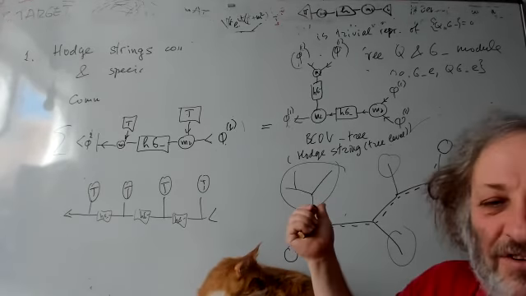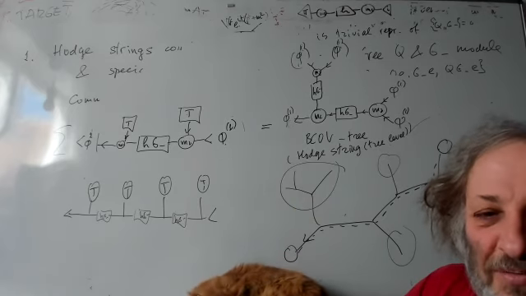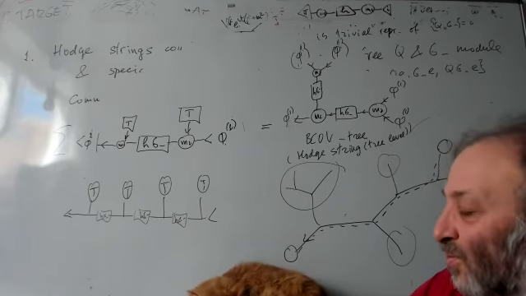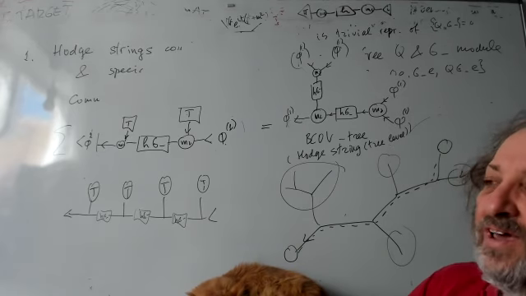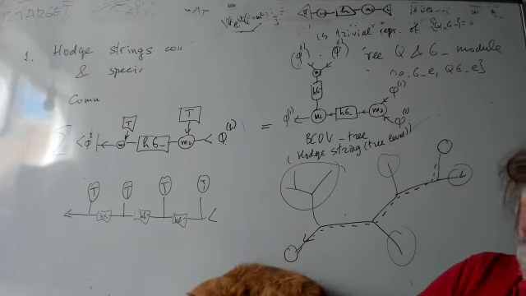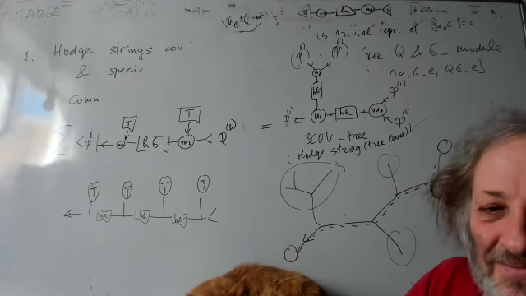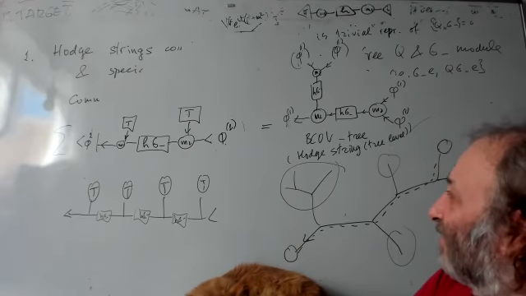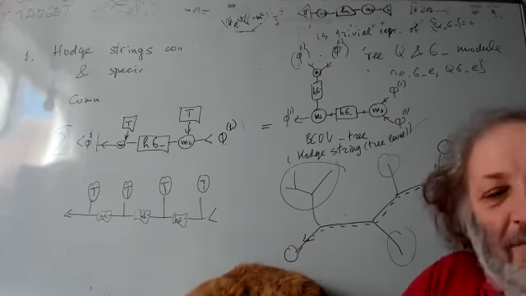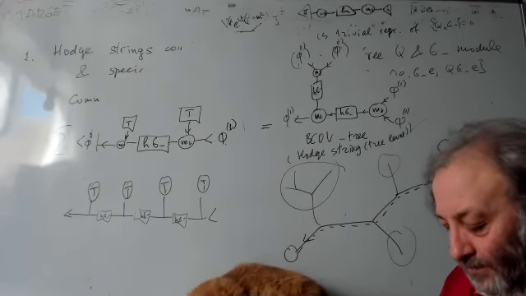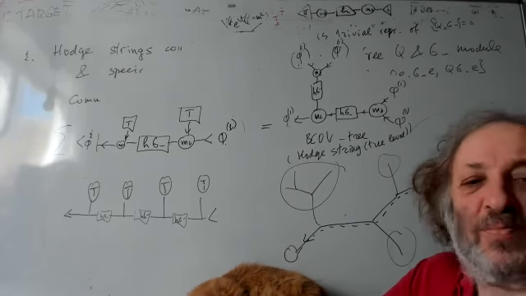You see, in this construction, when you say what comes first, what comes second, it depends on what you are doing. So what I explained to you is the particular case. It's the Hodge string point of view, with a very special property.